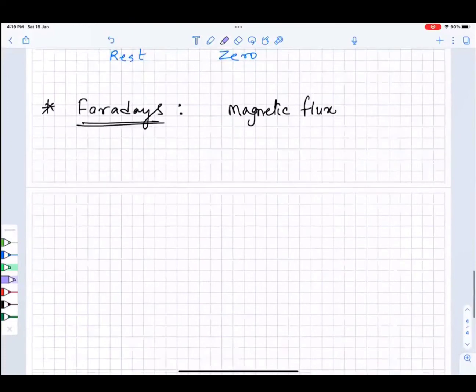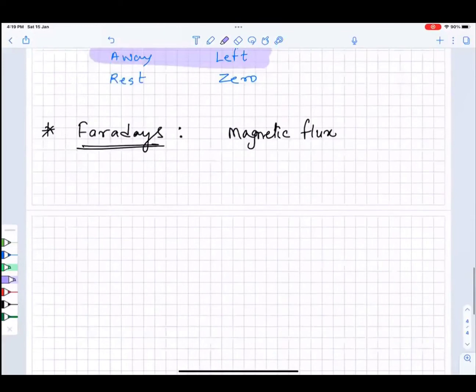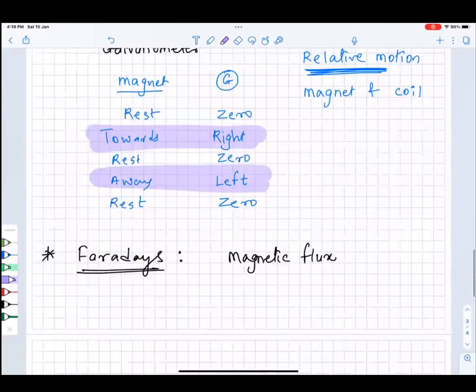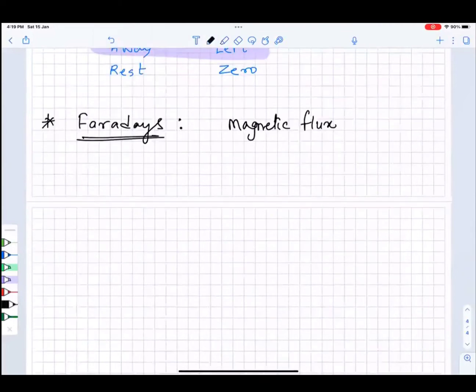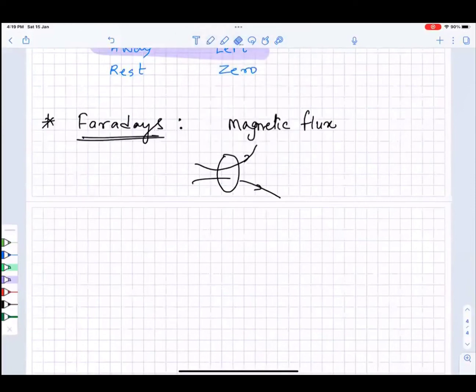So, guys, what does magnetic flux mean? What do you mean by magnetic flux? I'll tell you that first. Say you have a circular loop or a coil, and the magnetic field lines are passing through it. The number of magnetic field lines passing through it is called magnetic flux. Got it?